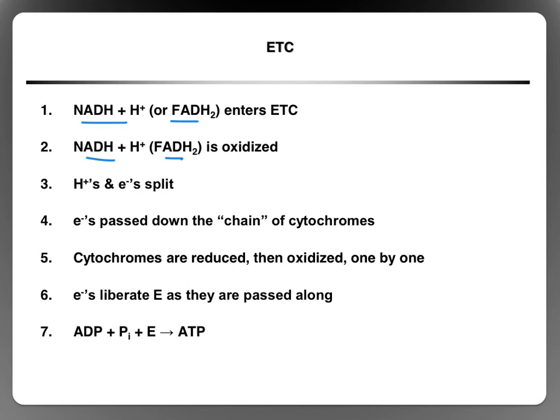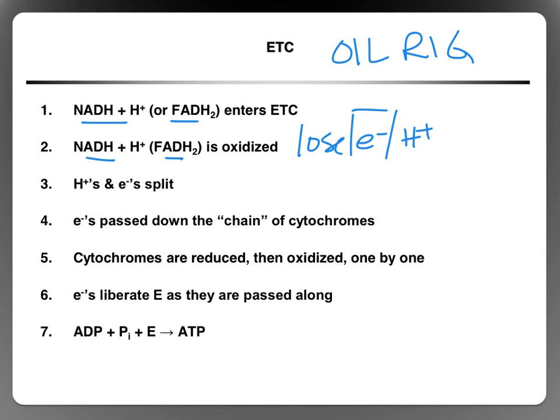Okay, remember OIL RIG. Oxidation is losing. So NAD and FAD lose their hydrogens and electrons. Okay? And remember, the hydrogens and electrons are always together. The next thing that happens is that these hydrogens and electrons split. You'll see it on the next slide.